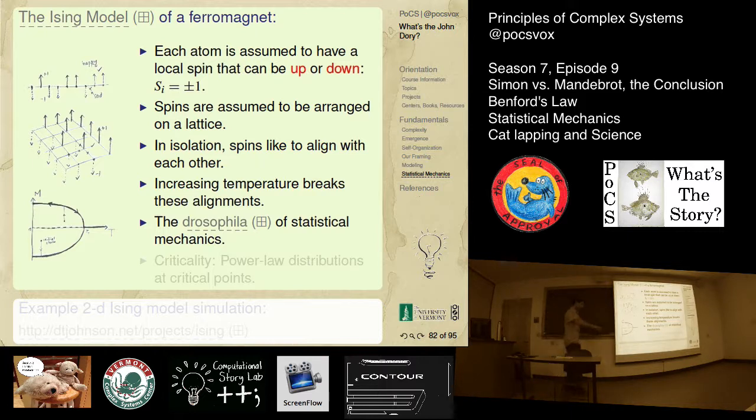It could be up or down. This is basically like a big waffle. At 0 temperature, they're all pointing in one direction because they like to align with each other, but the temperature is so low it's not forcing them out of that alignment. The models are usually pretty simple. It's just nearest neighbor effects. You can talk about effects with other ones, but these will be just the 4 local ones.